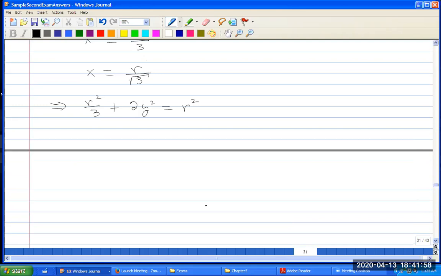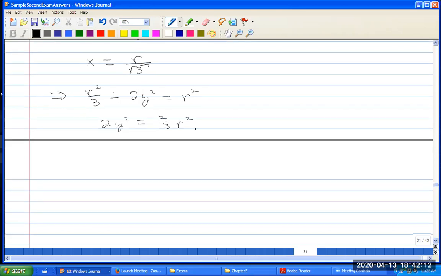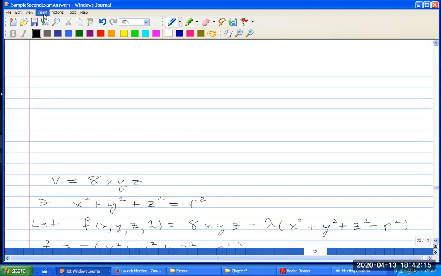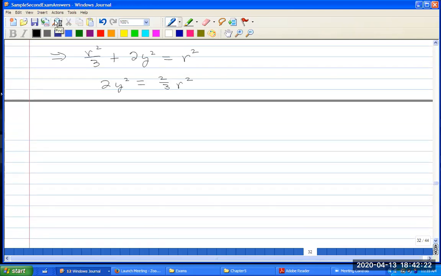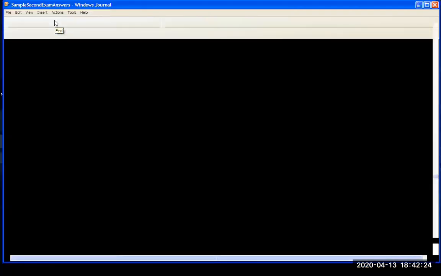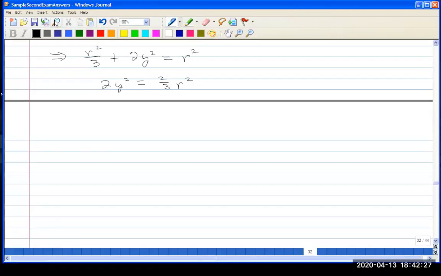And so I get that 2y squared equals r squared minus r squared over 3. And so I have here that y squared equals 1/3 r squared.